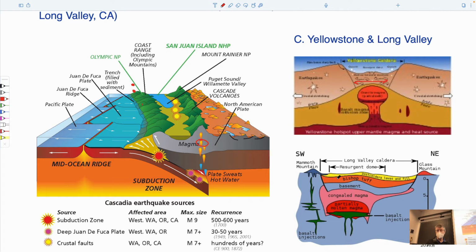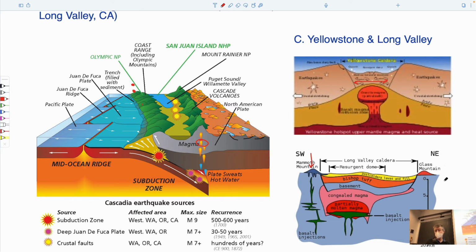And I guess this is a cross-section through the Sierra. This is Mammoth Mountain. So Mammoth Mountain is north of LA. So if you go out of LA along the back of the Sierra, this would be the Sierras. This would be Yosemite somewhere along here.